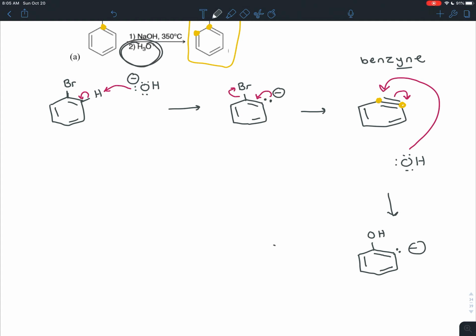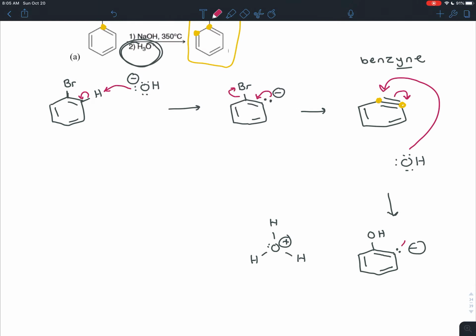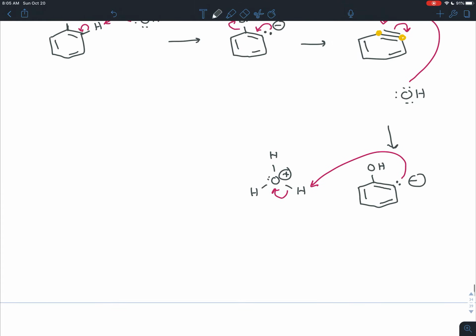Notice what we're adding, H3O+. That's really just there to provide a hydrogen. So that's an acid, and the negative charge there can stabilize itself by stealing this hydrogen. That's a proton transfer.